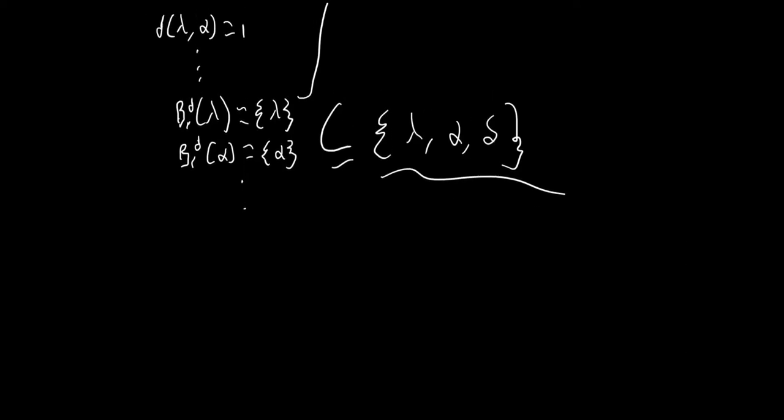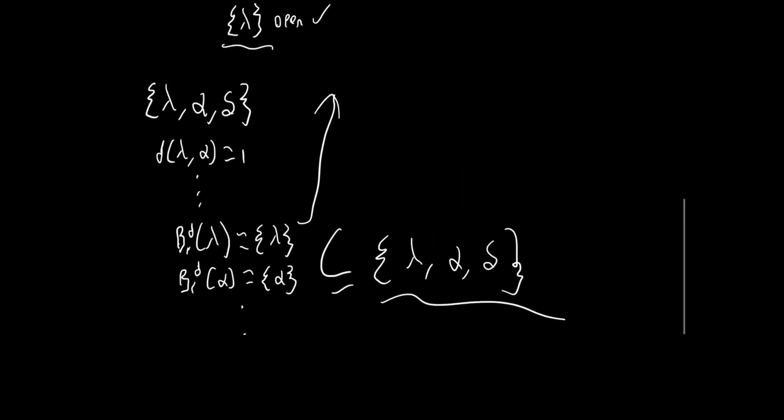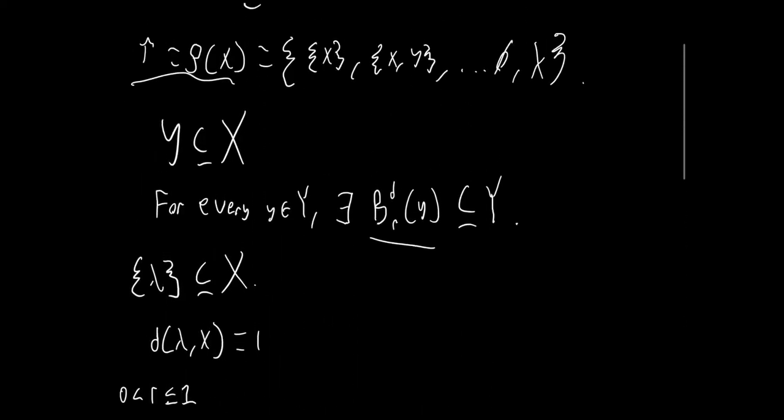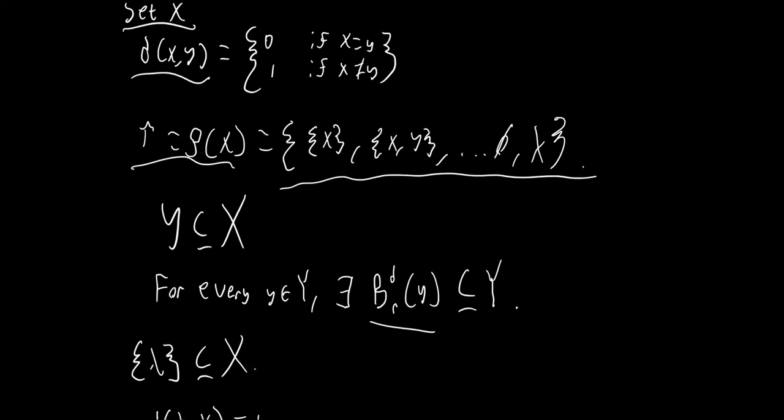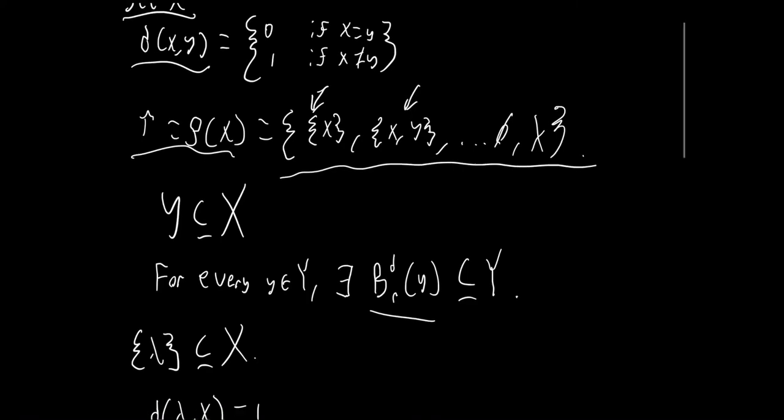So you can continue this logic for every possible subset of X. And remember that the definition of the discrete topology is every possible subset of X. Because you can find an open ball for every point in each of these subsets, they're all open in the discrete metric sense. Therefore, the discrete metric generates the discrete topology.